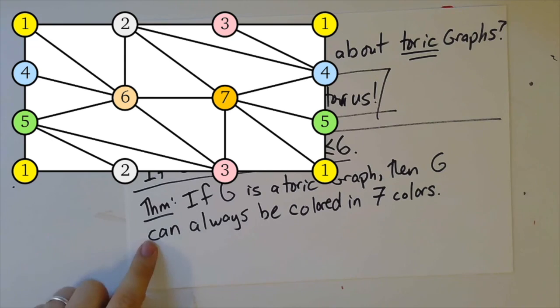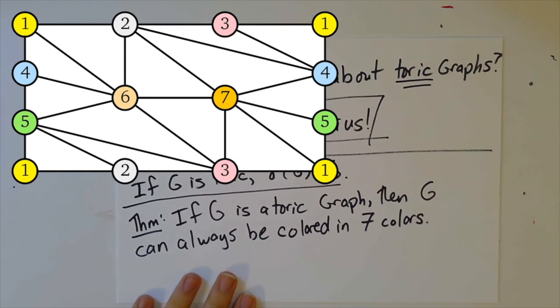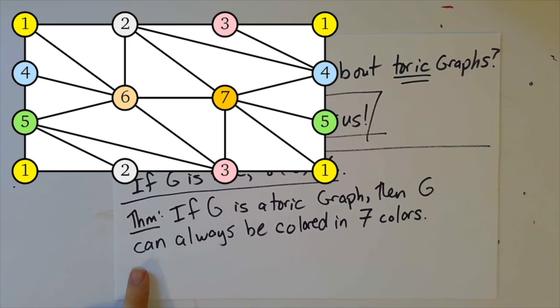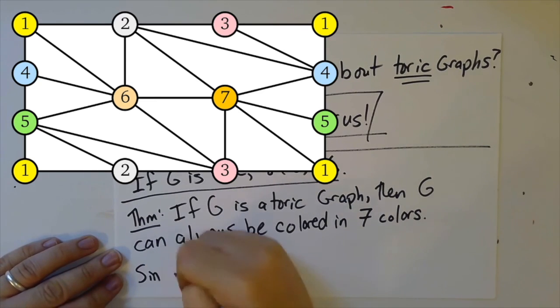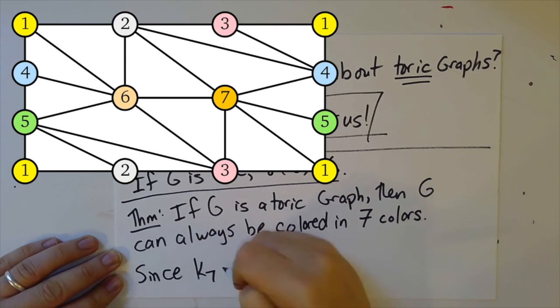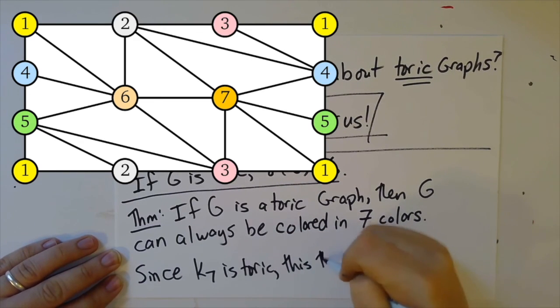And so we've proven the 7-color theorem for graphs on the torus, but also the 7-color theorem for graphs on the torus is the best possible theorem, since K7 is toric.